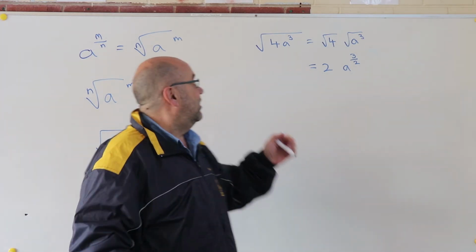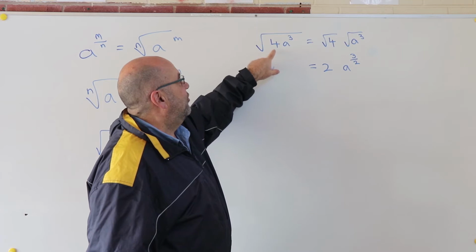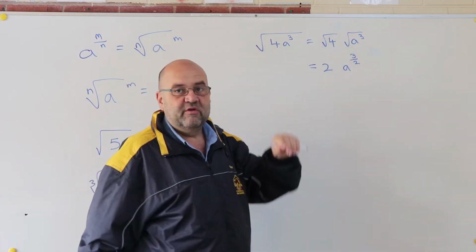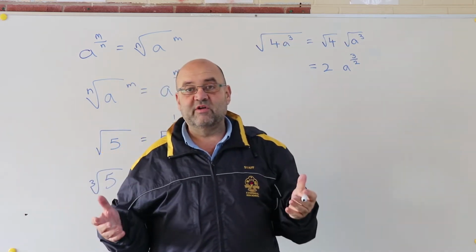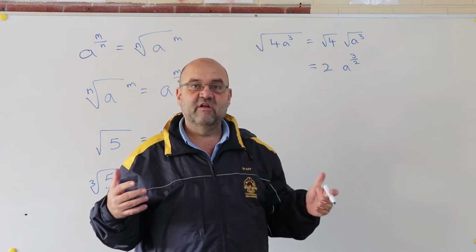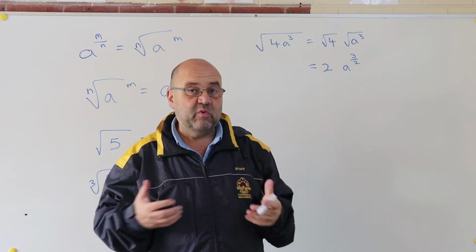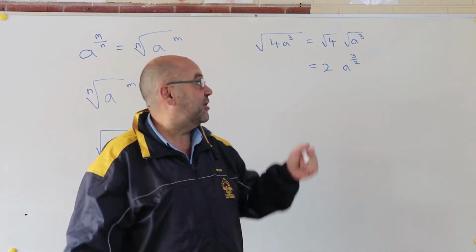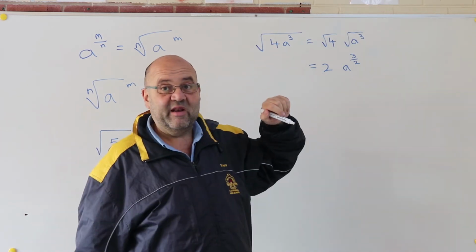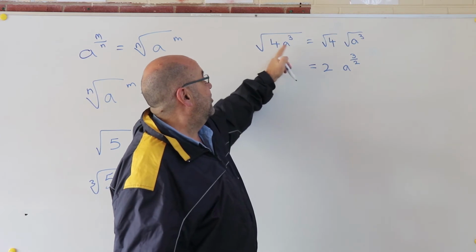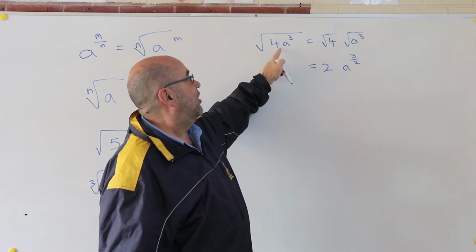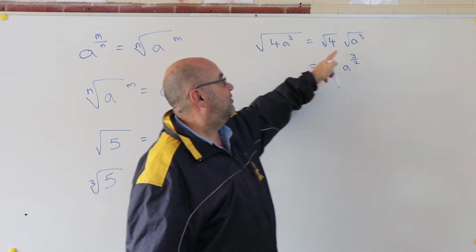Let's keep on extending it. If I've got the square root of 4a cubed, remember what I told you when we were looking at surds last term. We want to see those square numbers, and wherever we see them, we want to break up our surd. 4 is a square number, so I write my surd as a product: the square root of 4 times the square root of a cubed.